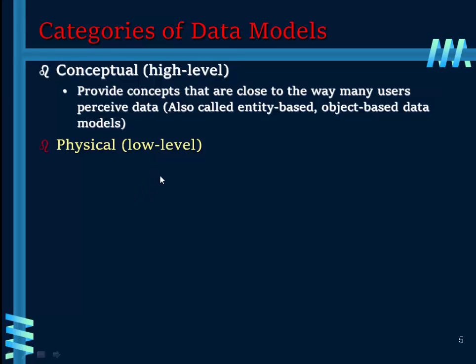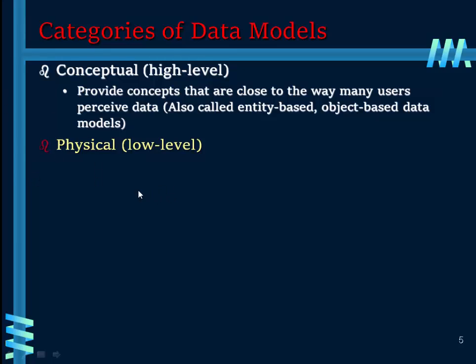So the concepts provided by the low level data models are generally meant for the computer specialists, not for the end users. End users only access the data stored in the database. They are not going to bother about what is the storage used to store the data and what is the storage structure of the data stored in the database. That's why this is mainly meant for the computer specialists, not for the end users.